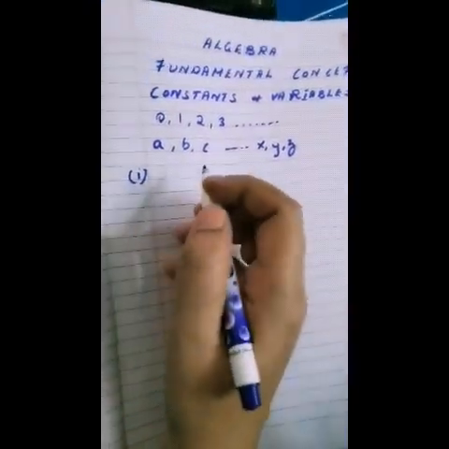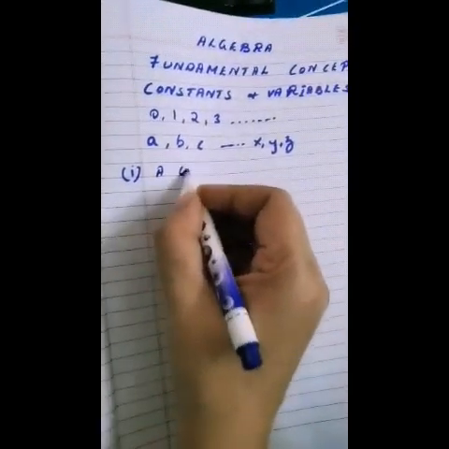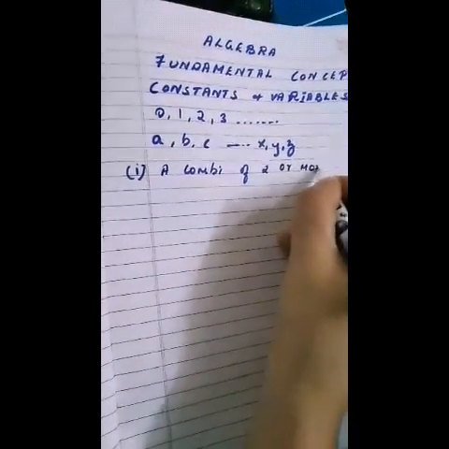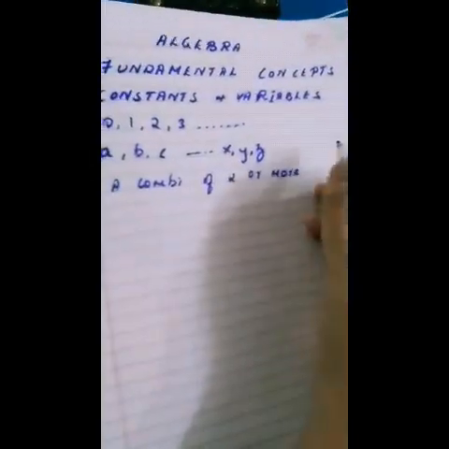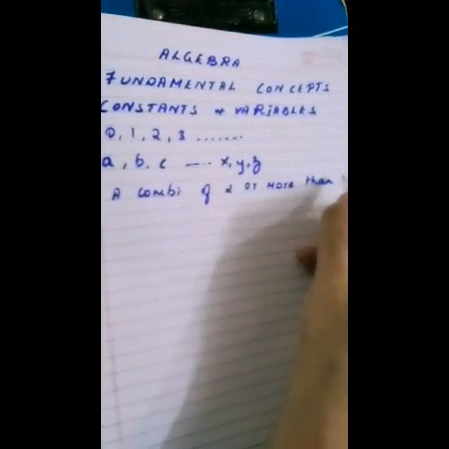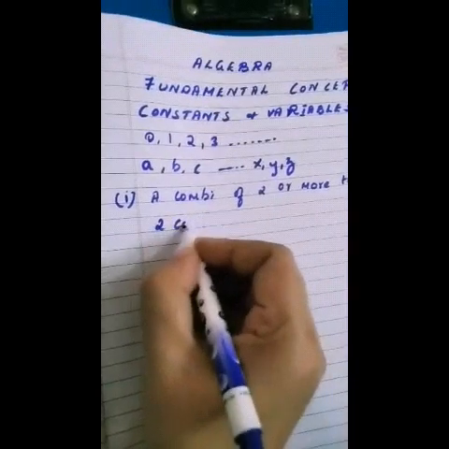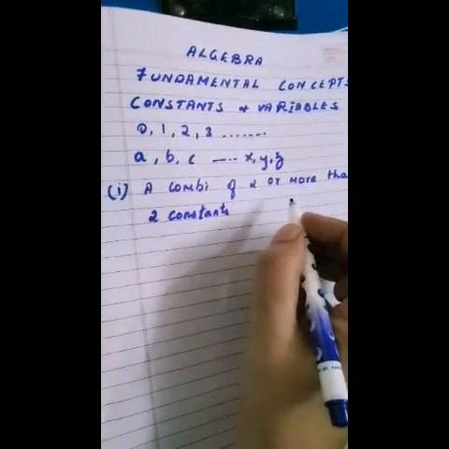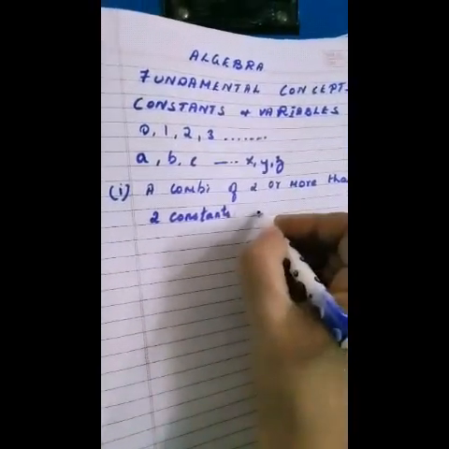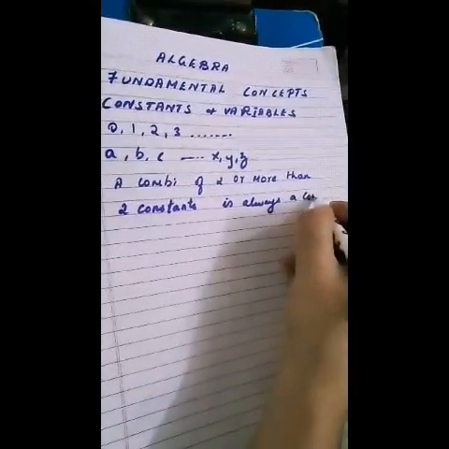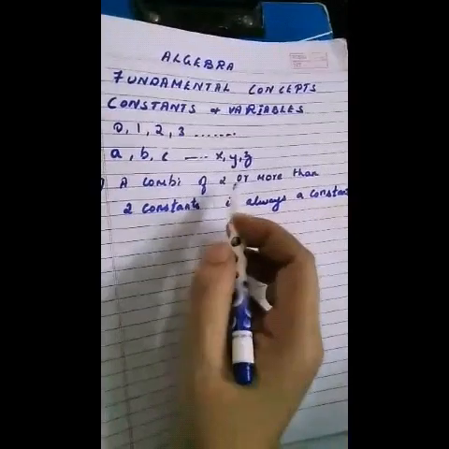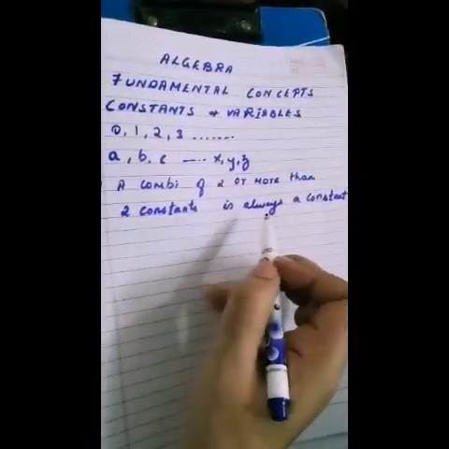Number one: a combination of two or more than two constants is always a constant. So you have to remember this elementary treatment.